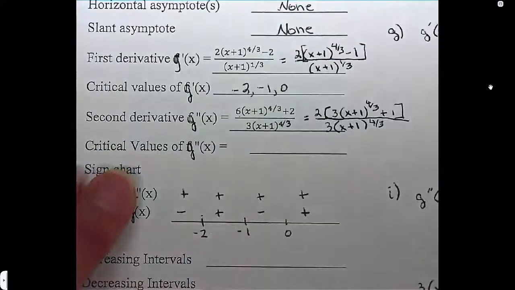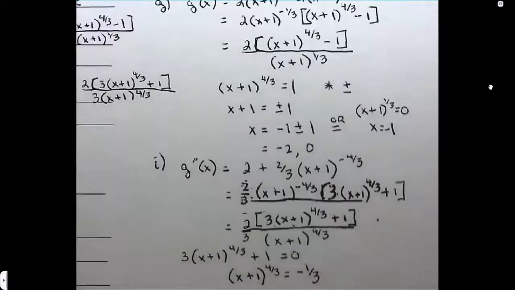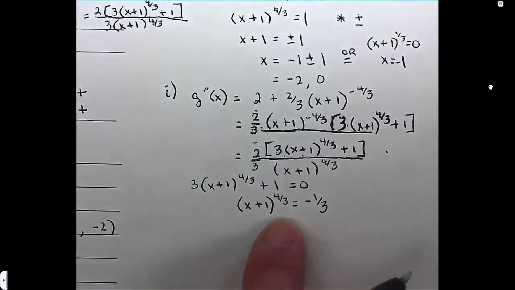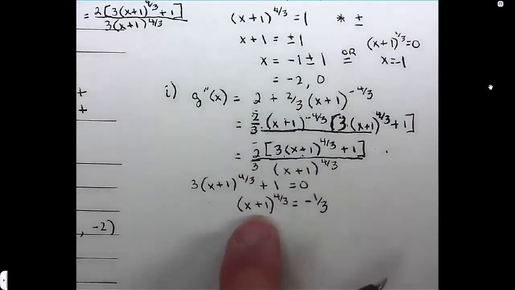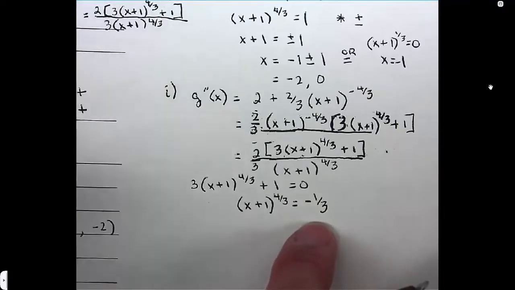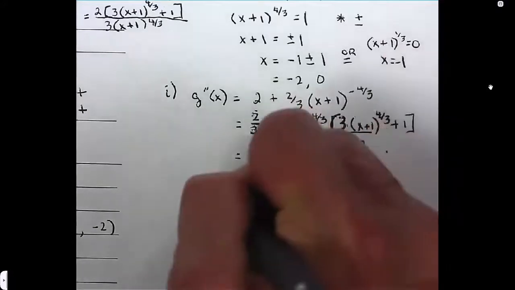And then I found the critical numbers of the second derivative by setting its numerator equal to 0. And right here, what did I realize when I got to (x+1)^(4/3) equals negative 1/3? You can't. If I raise both sides to the 3/4 power, I'm taking the 4th root of a negative, and the 4th root of a negative is not a real number.